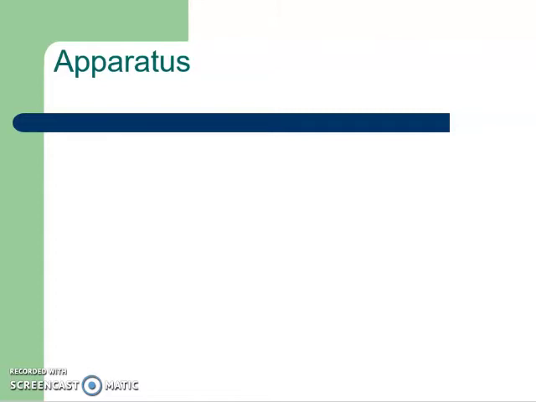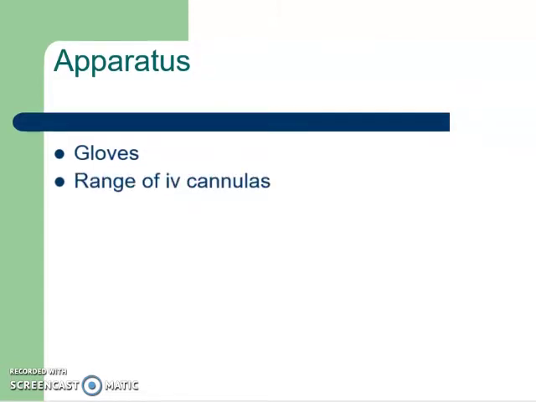Now, what is the gadgetry required for intravenous cannulation? One is gloves, then different size cannula.